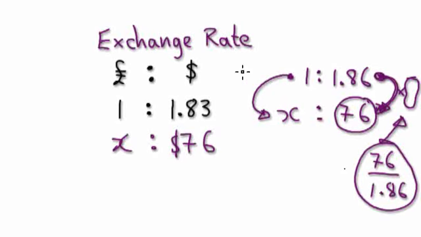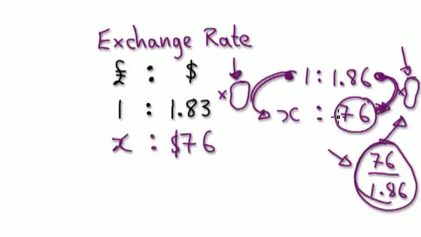Now this multiplier will be the same over here. So you would start at 1, and then times by your multiplier, which is 76 over 1.86.